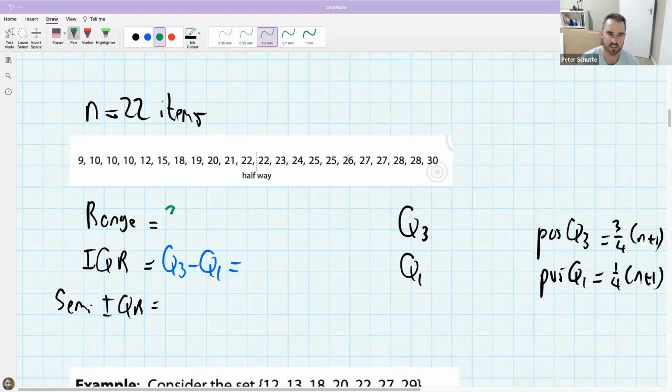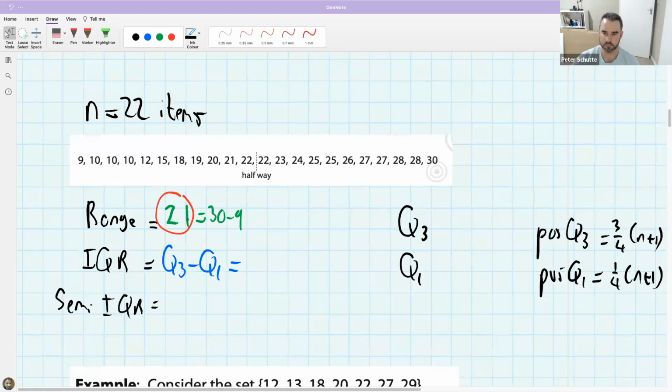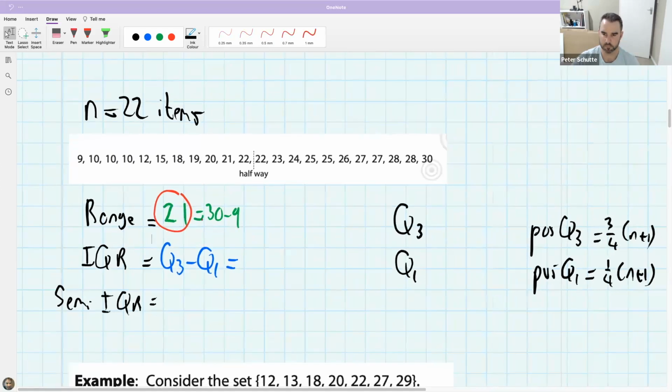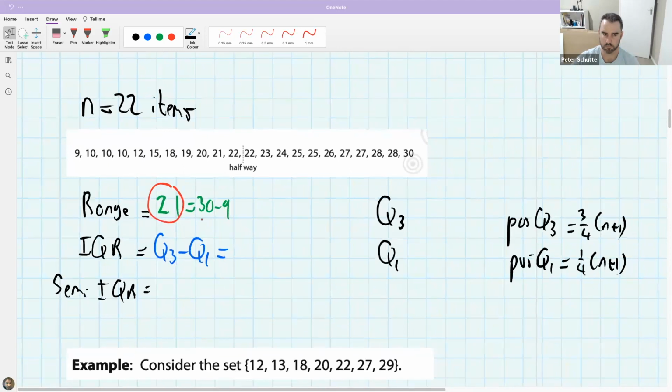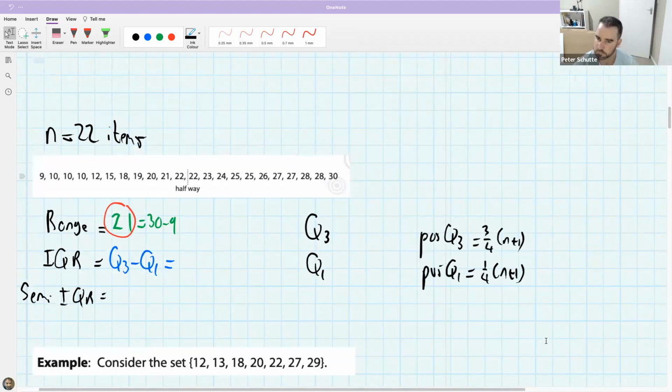So the range is definitely 21. It's just 30 minus 9. So 21. So I need to first find the positions. Maybe my calculator.